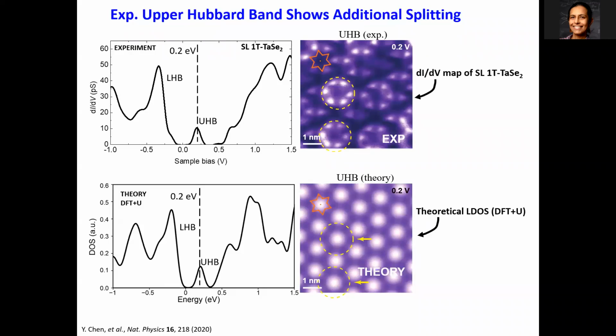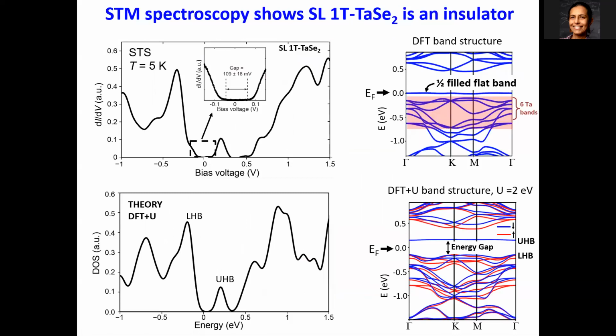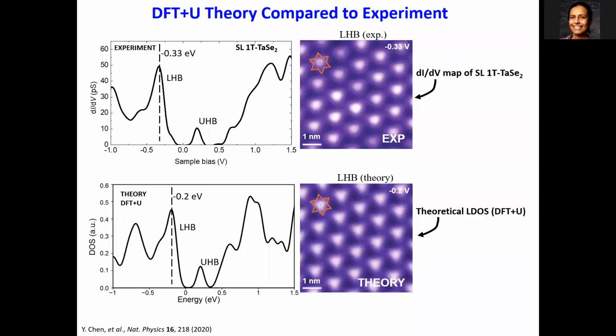If you go to the next slide, you have the position of the lower Hubbard band at 330 millivolts below the Fermi energy. In the DFT calculation, I'm curious, what sets the position of the Fermi energy with respect to these bands? Because I would have thought the Fermi energy should be in the middle of the Mott gap. Why is it so close to the top of the lower Hubbard band? That's my question.